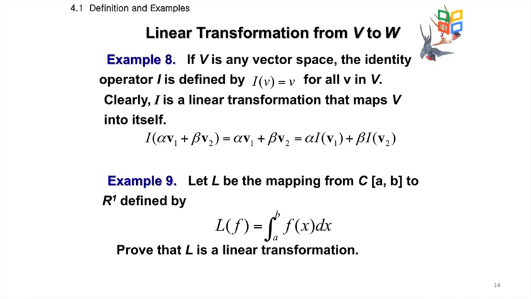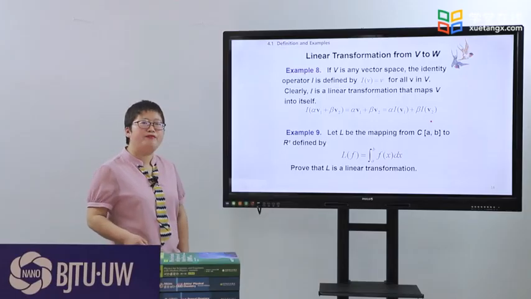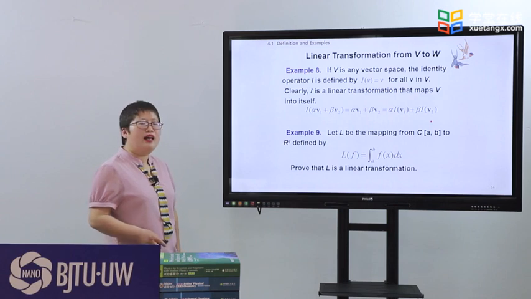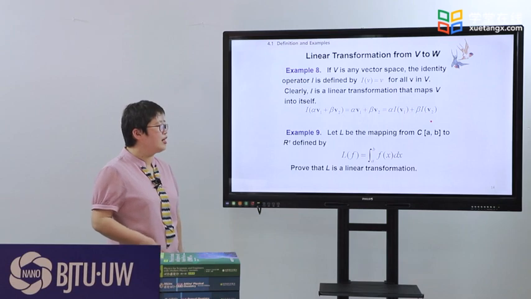In order to show that L is a linear transformation, you should check whether L of alpha f equals alpha L(f), and whether L of f plus g equals L(f) plus L(g). Using the properties of this integral, you can show this easily.